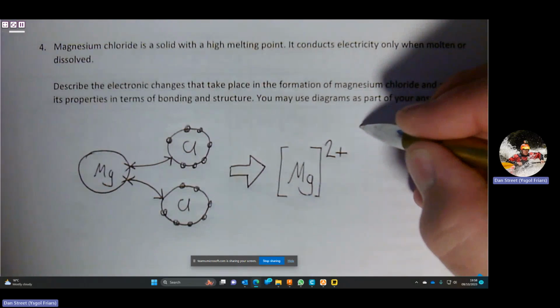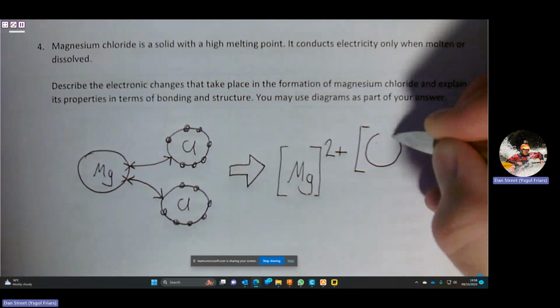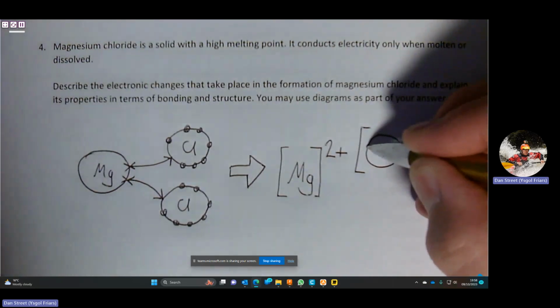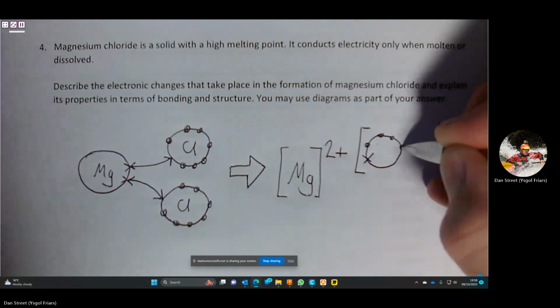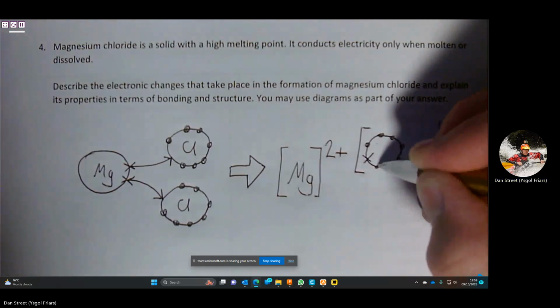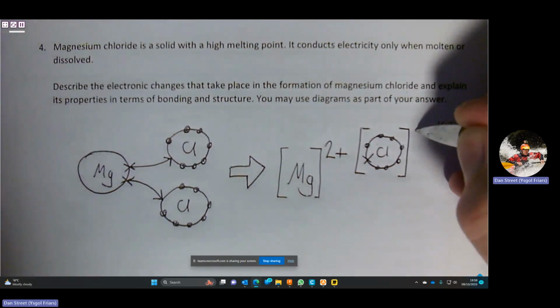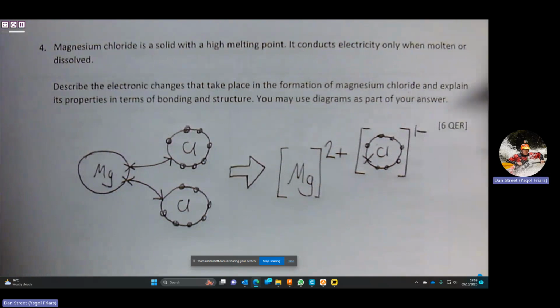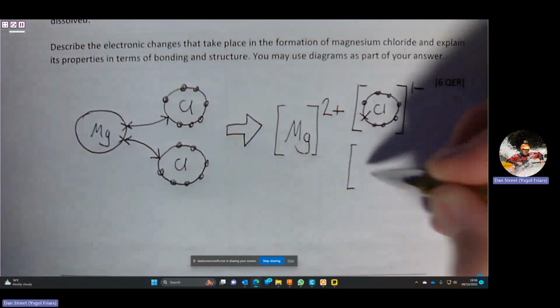The chlorides, each one, we will draw the outer shell electrons simply because it's gained an electron. So it's important that we show we understand that. That's Cl, and because it's gained an electron, it becomes 1 minus. You don't need the 1, but maybe write it in there for completeness.